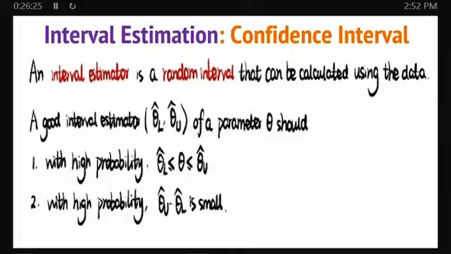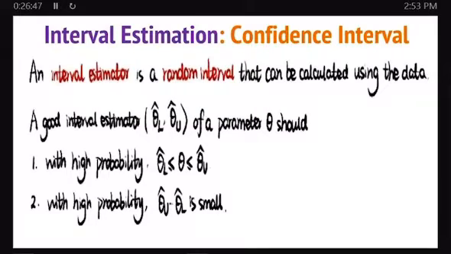So, just like the same way that we impose some conditions on a point estimator, we also want to impose some conditions on an interval estimator. Condition number one: can we guarantee with a high probability that the true value will lie in the interval?